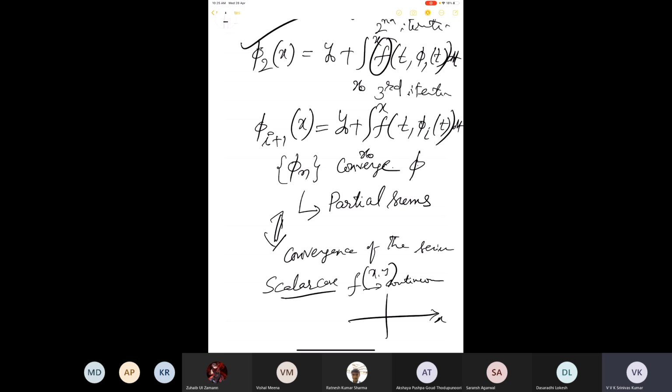Is the domain a rectangle, finite, or infinite? Is continuity given on an infinite strip, where x goes from alpha to beta and y is anything, from minus infinity to infinity? So this is an infinite strip, and this is a rectangle.